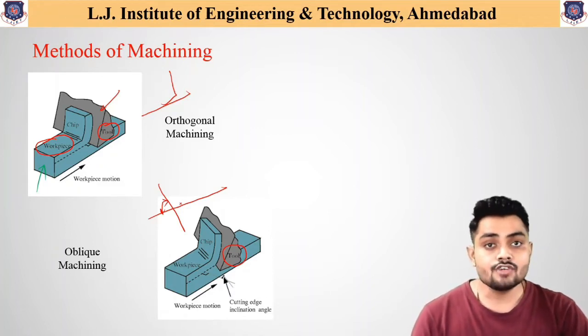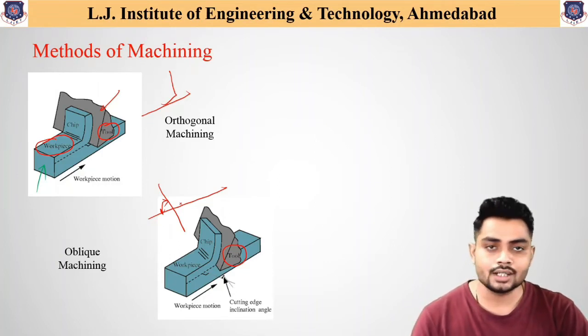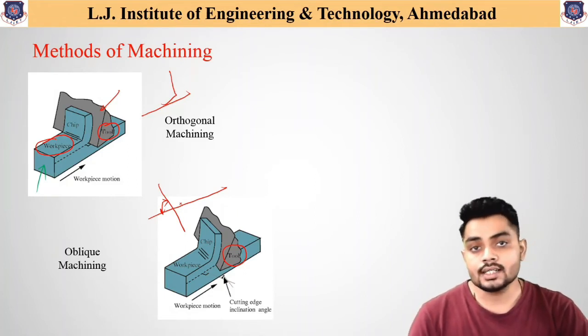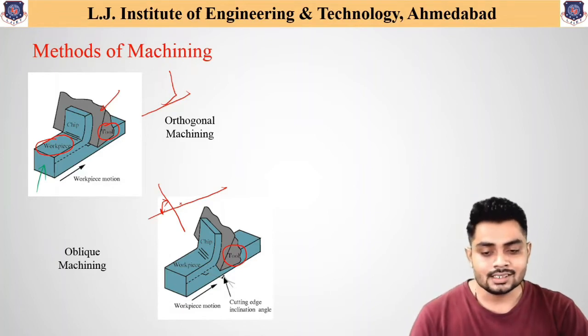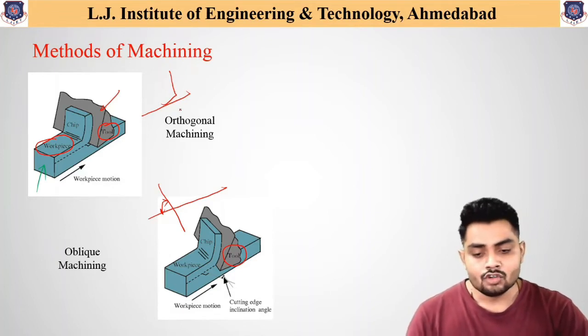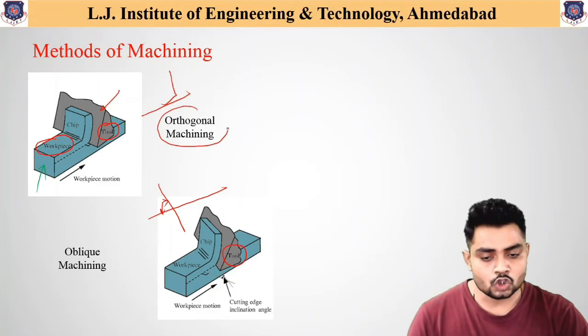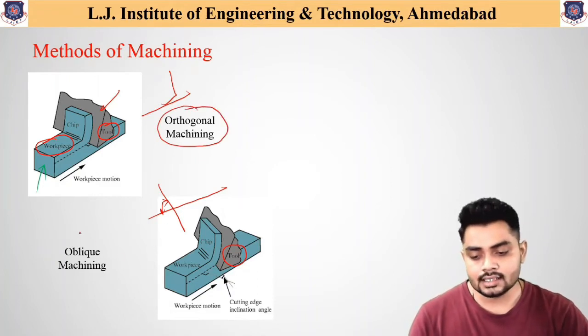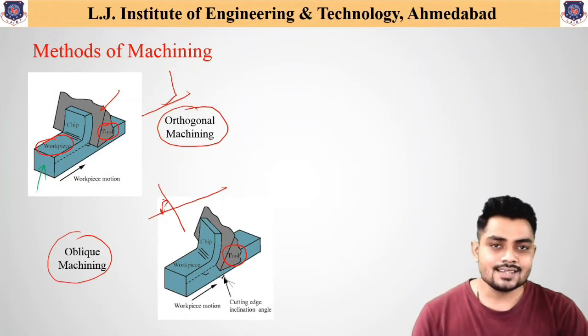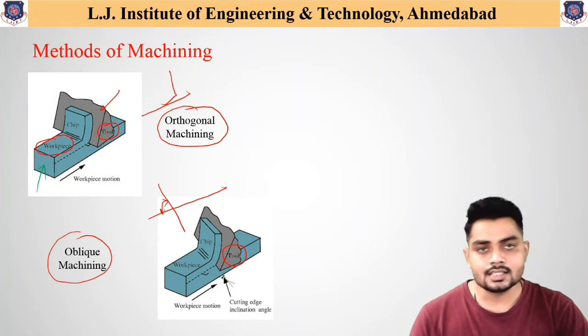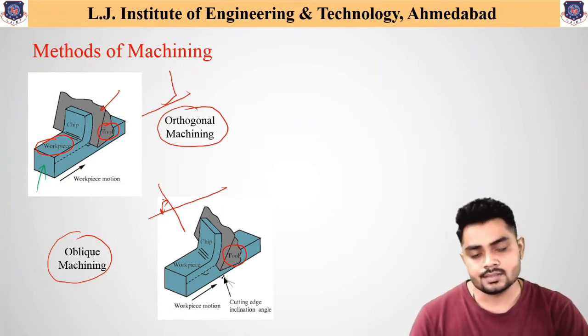In oblique machining, three different forces are considered to understand that machining process, and that's why that process is called the three-dimensional machining process. So just keep these two words in mind: the orthogonal machining process and the oblique machining process. These are the two different methods used for machining purpose.